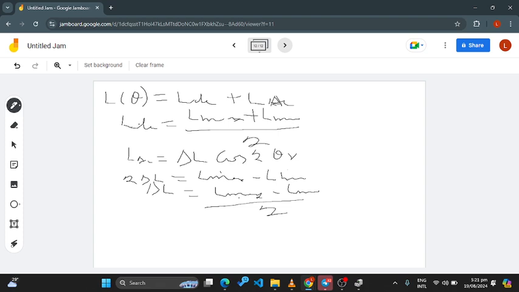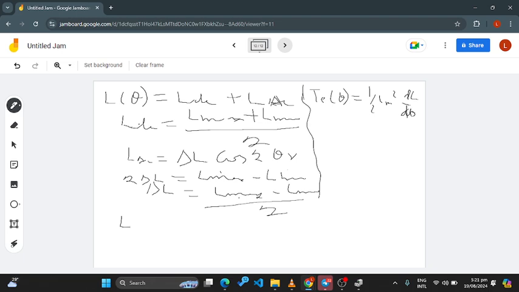Okay, so if that's the case, we know the general torque function: T of theta is equal to half I_m squared dL/d theta.